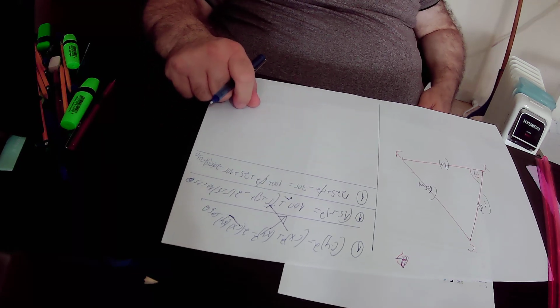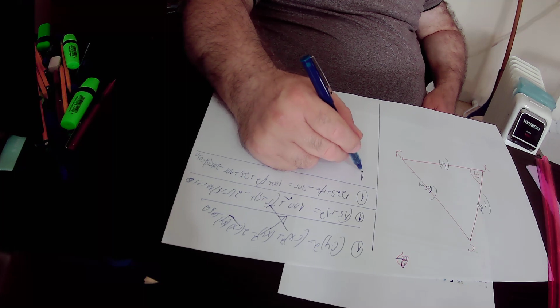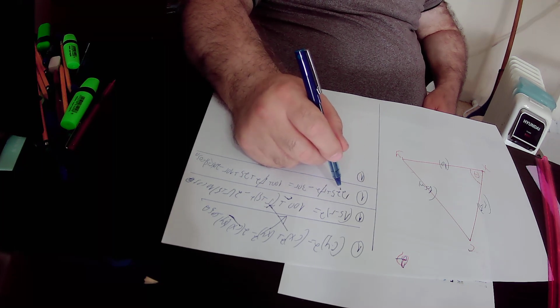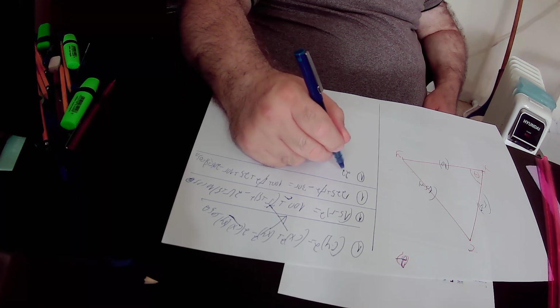What is left from equation number 1 after we cancelled R squared? On this side we are left with 225 minus 30R.